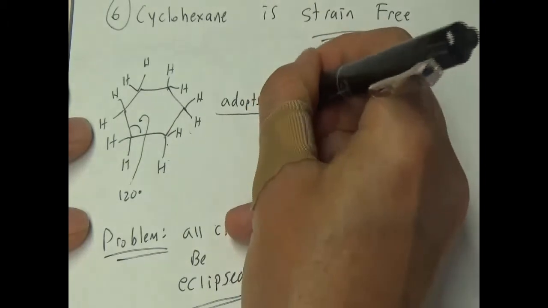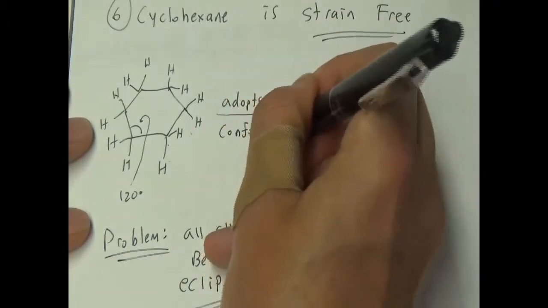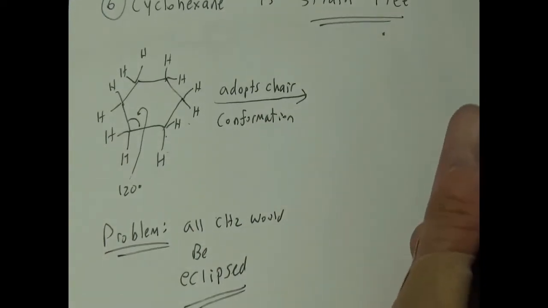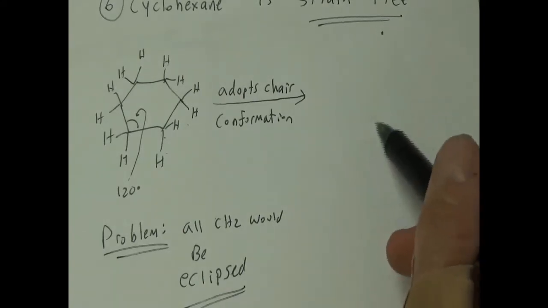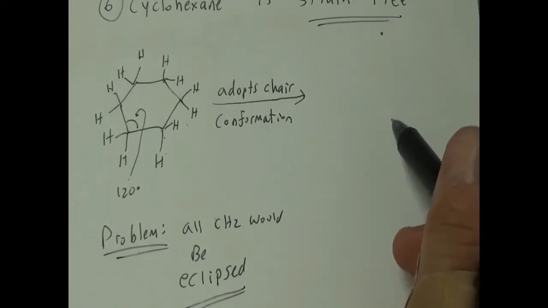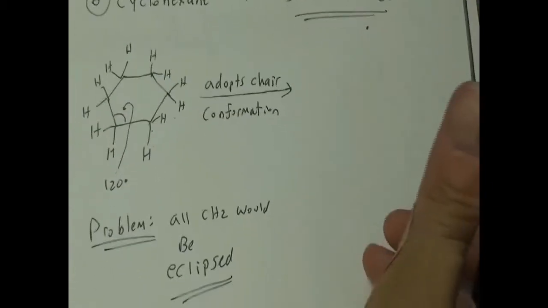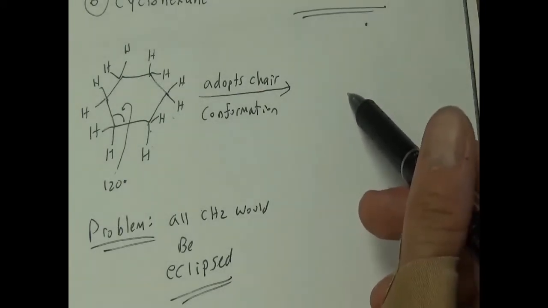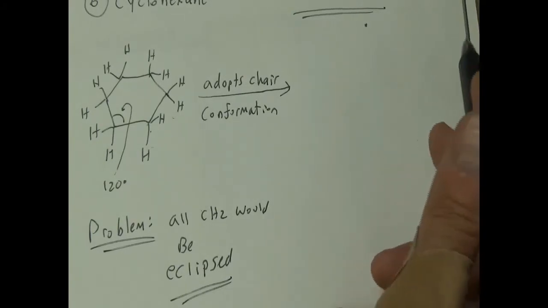Now we have to draw the chair conformation, and this is one of those things that Organic 1 students struggle with. So we're going to practice this about 1,000 times. How to draw the chair conformation, and you will be required to do this on quizzes. It's going to be a major focus of this chapter and the quizzes.